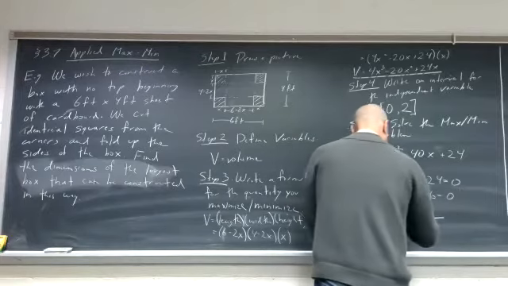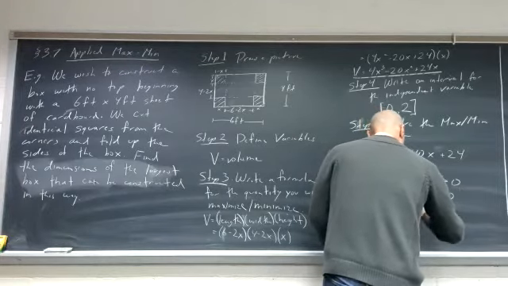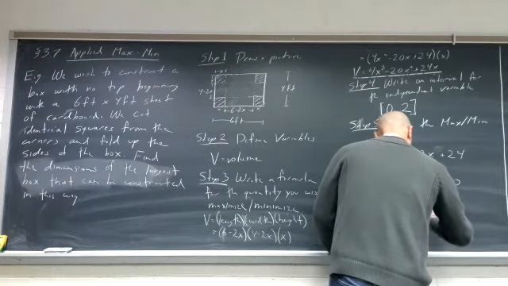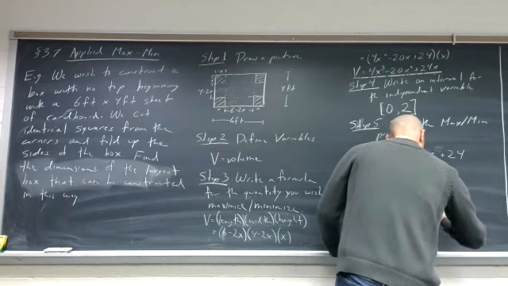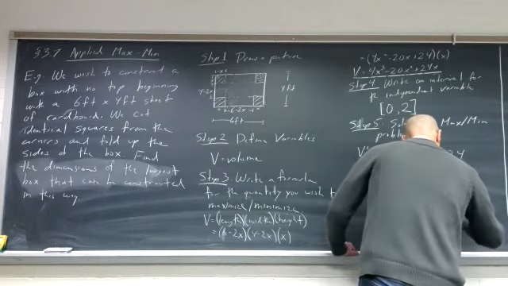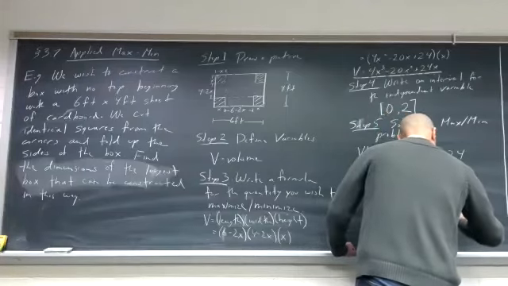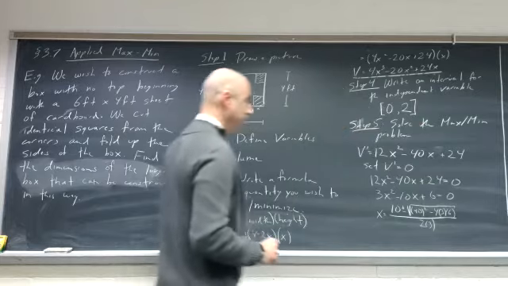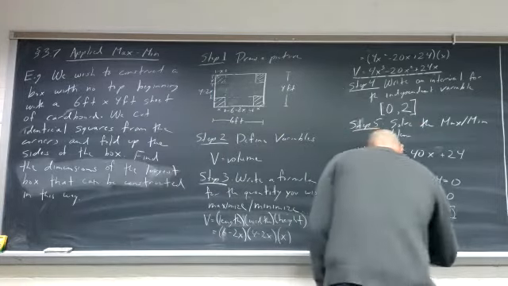So negative b, negative negative 10, 10 plus or minus the square root of negative 10 squared minus 4 times 3 times 6, all over 2 times 3. So let's see what we have here.